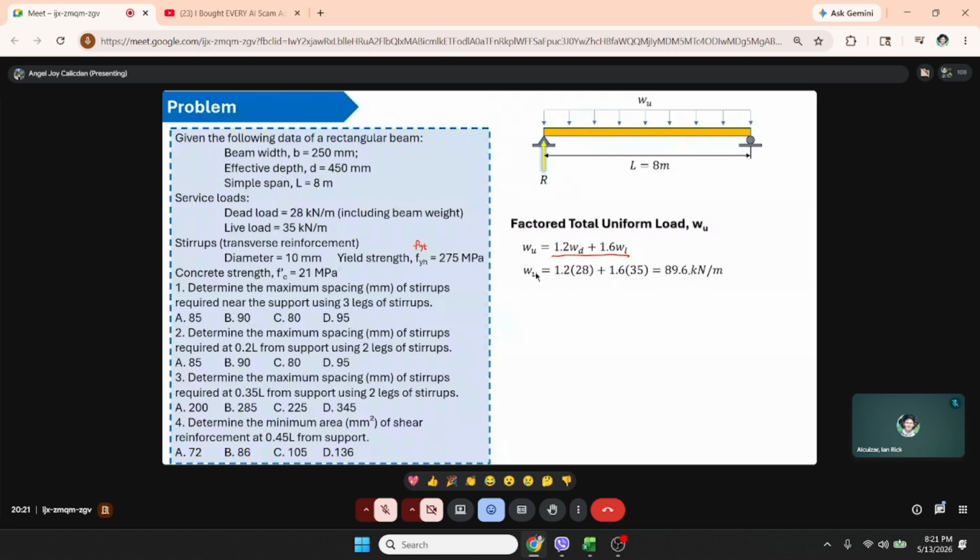And now that we have it, we can solve for the reaction. And by symmetry, since it is symmetrical, the reaction here is the same as the reaction here. So w times L, divided by 2. So the R is 358.4 kilonewton.